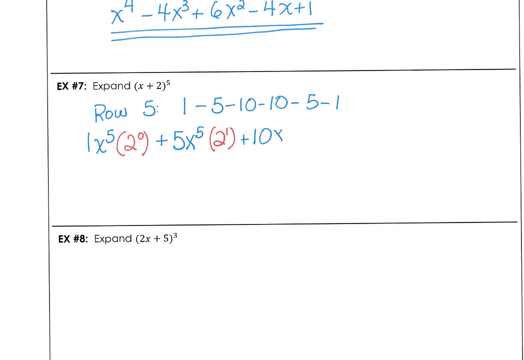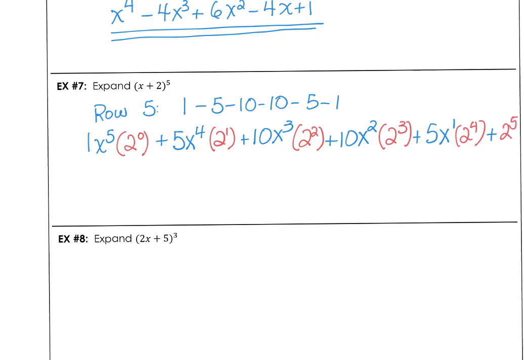Then 10x to the 3rd, and then 2 to the 2nd power. Another 10x to the 2nd with 2 cubed, then 5x to the 1st, and 2 to the 4th, and then 1 with 2 to the 5th.